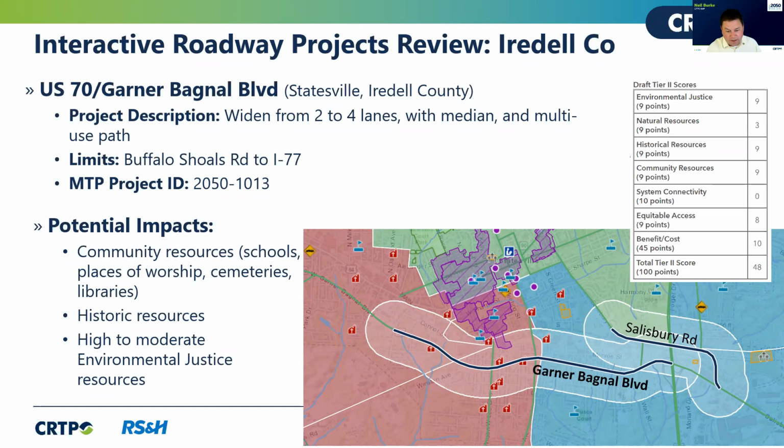That's a good question. We do a limited amount of coordination with the member jurisdiction that submitted this project. In this case, it's the city of Statesville and Division 12, but just based upon the volume of projects that we receive during an MTP development cycle, we have to take the member jurisdiction at their word that the corridor and the project limits are really addressing the greatest need. And again, it's a long range, high level look.